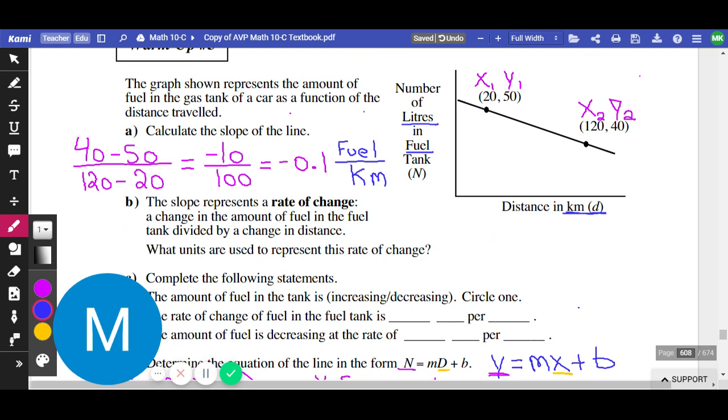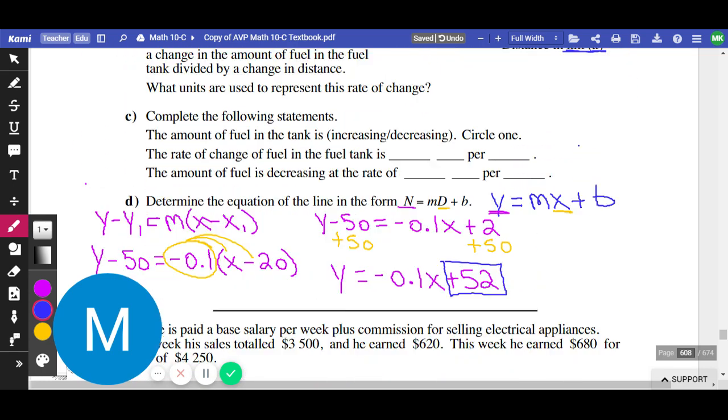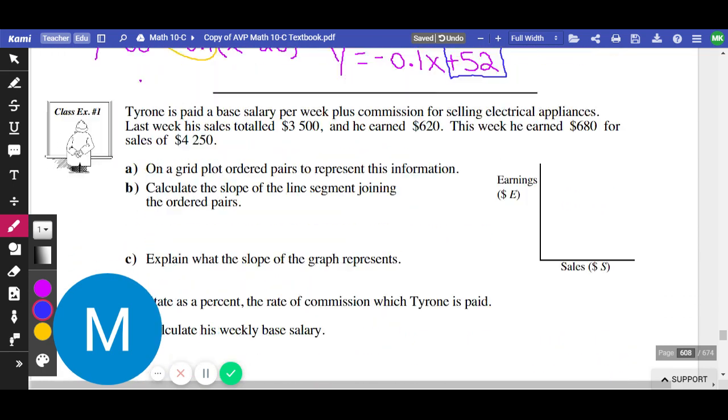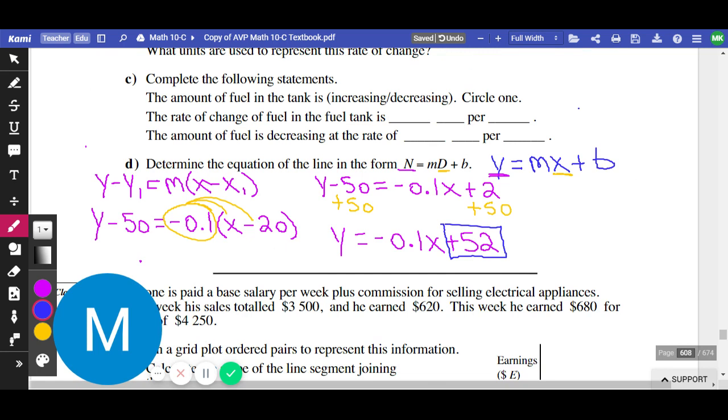If I say my y-intercept is here, and it's at 52, what does that actually tell me? That's the starting liters. Yeah, that's the starting amount I had of fuel. So for word problems, your b value tells you your starting point. I started with 52 liters of fuel, and I'm losing it at 0.1 liters per minute.